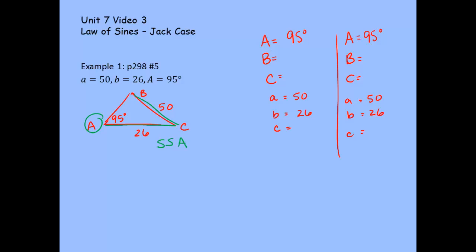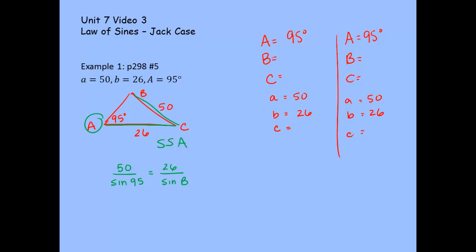We're going to use the law of sines to do this, so I'm going to set it up with the information I do know. And that is that little a over the sine of angle A, so 50 over the sine of 95, will equal 26 over the sine of angle B. Now in the previous video, we were given the angle, but we had to find the sine. So this time we're going to have to do a little bit different work.